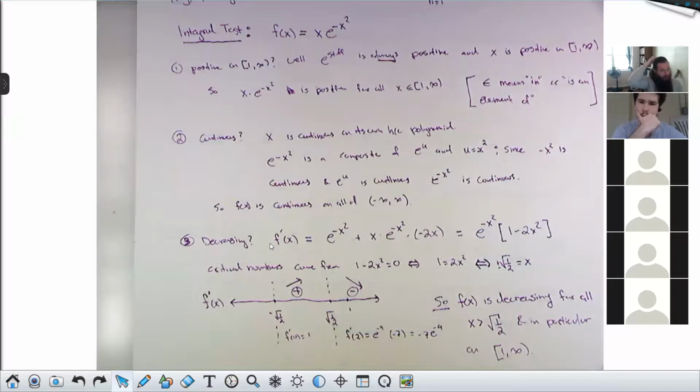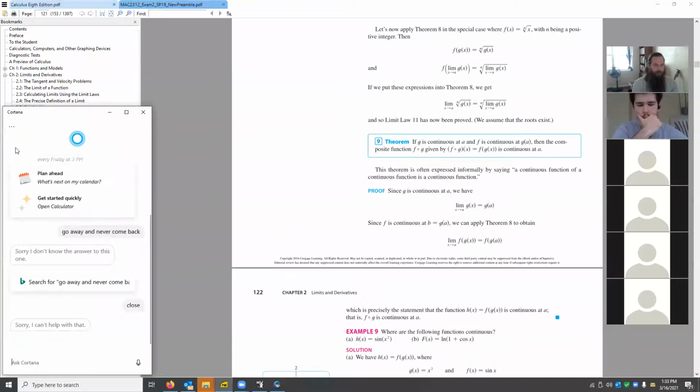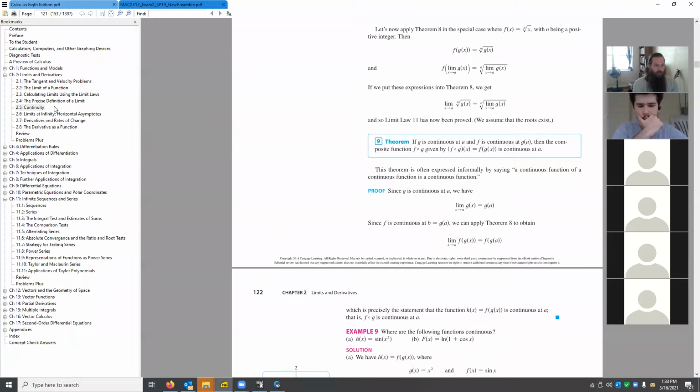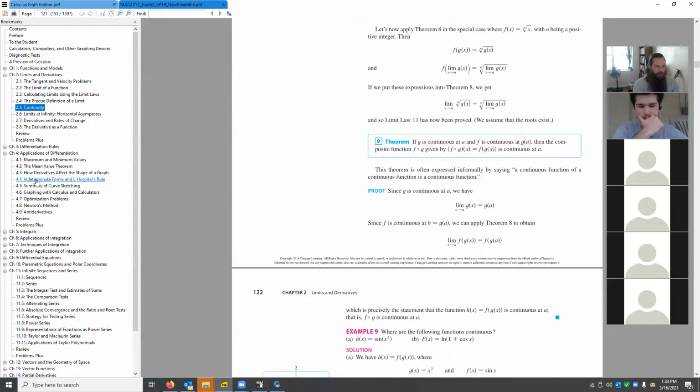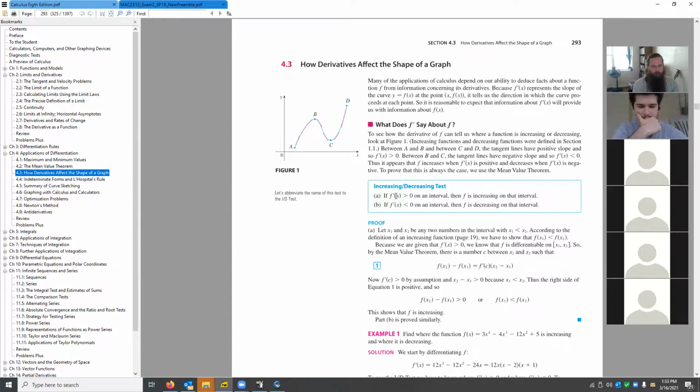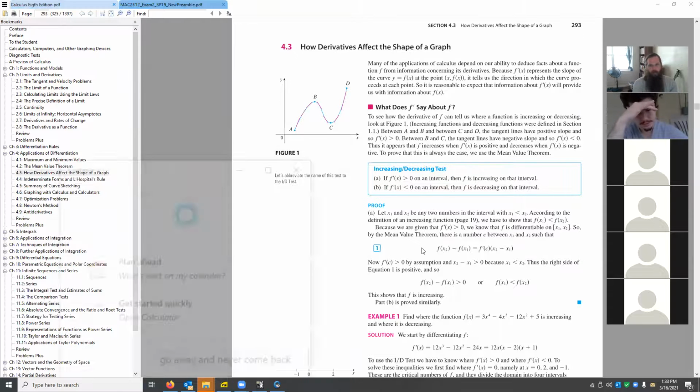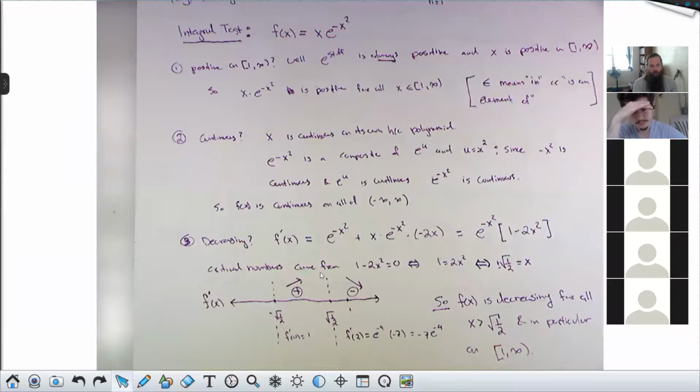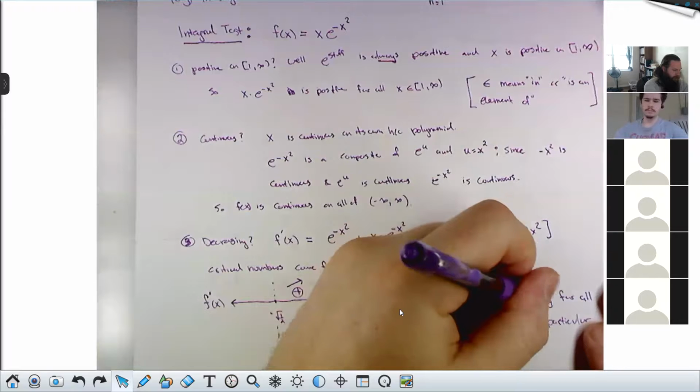So you might want to go back to section 4.3, increasing and decreasing. If f prime is positive, then f is increasing. If f prime is negative, then f is decreasing. Remind yourselves how to do this. F prime is negative everywhere to the right of square root 1/2, which means f is decreasing. And that's what we wanted to see.